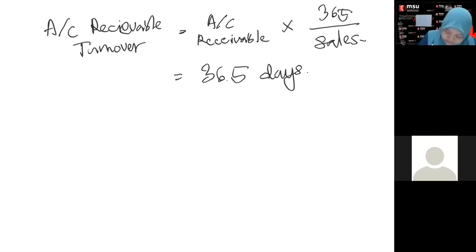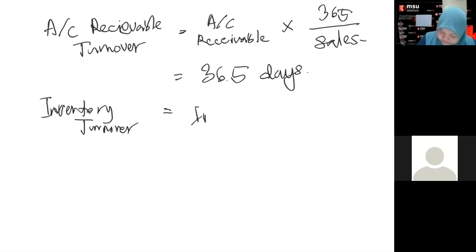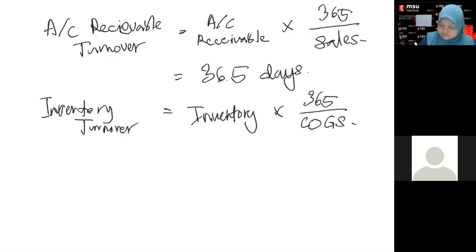Second, you need to calculate inventory turnover. It's equal to inventory times 365 divided by COGS, cost of goods sold.